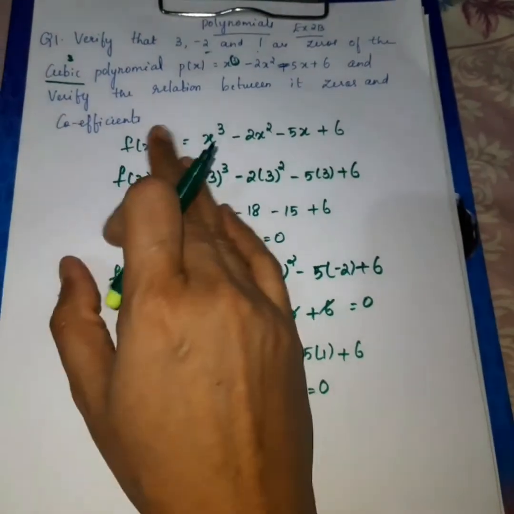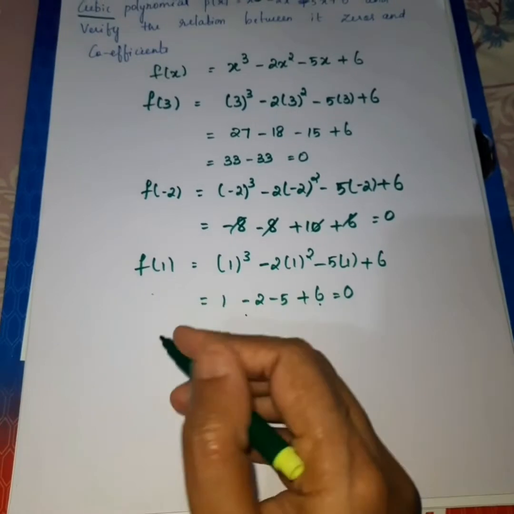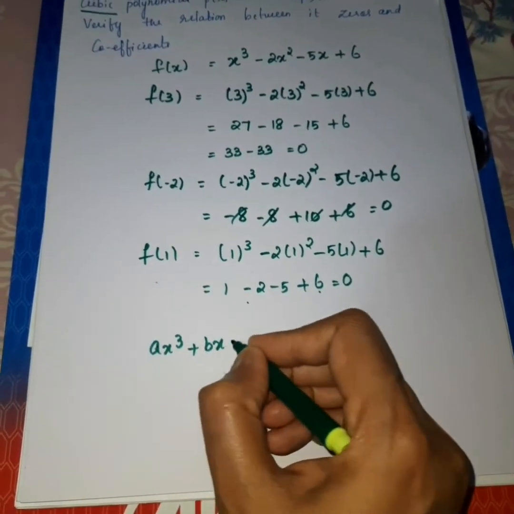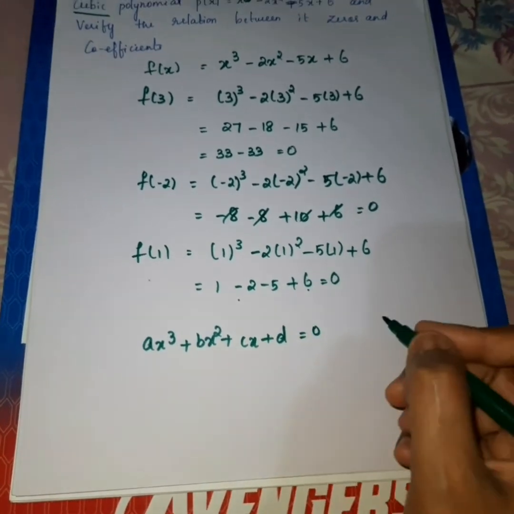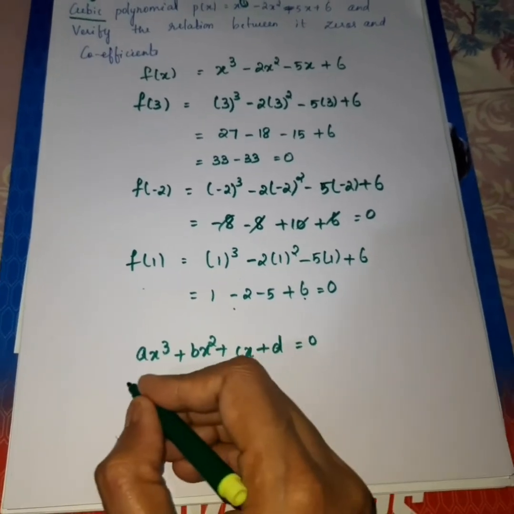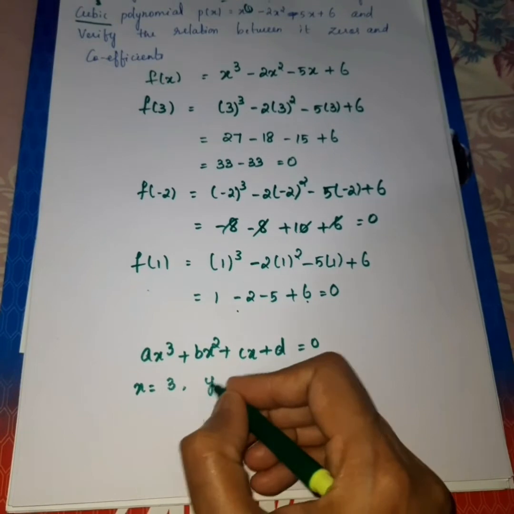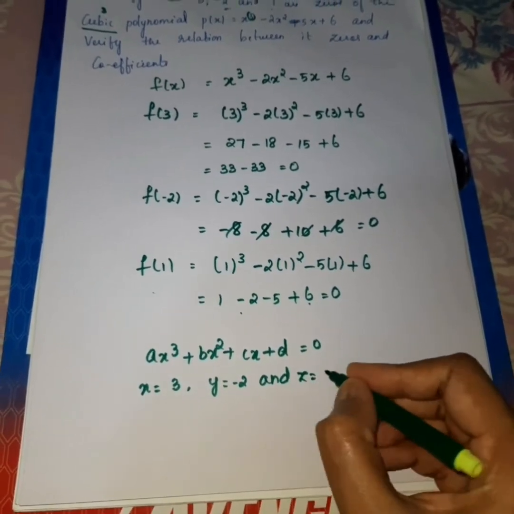Next condition, we need to verify the relationship between its zeros and coefficients. So we know that the equation for the cubic polynomial is ax cubed plus bx squared plus cx plus d equal to 0. So what are the sum and product conditions over here? Let's assume the values x as 3, y as minus 2, z as 1.